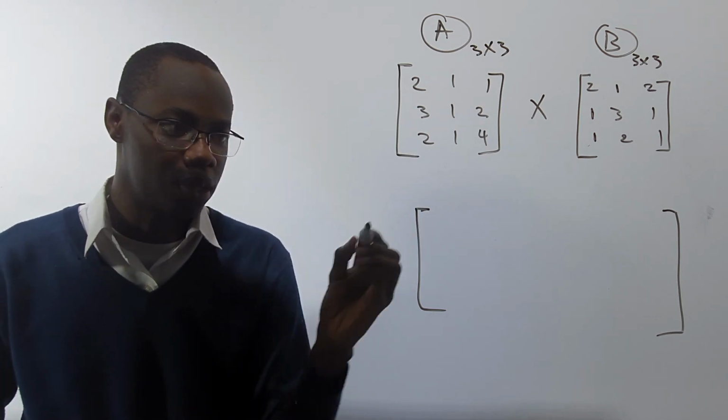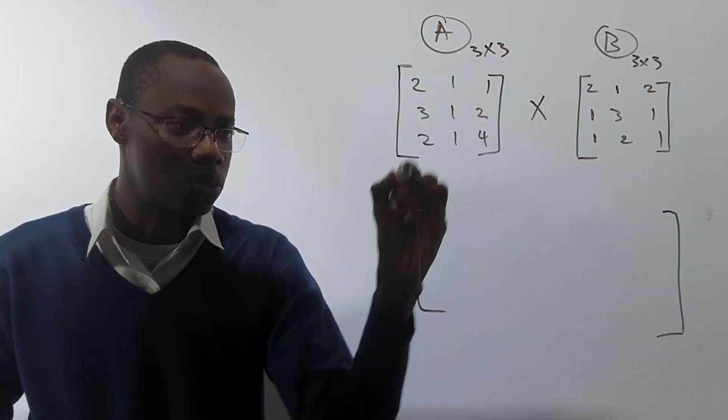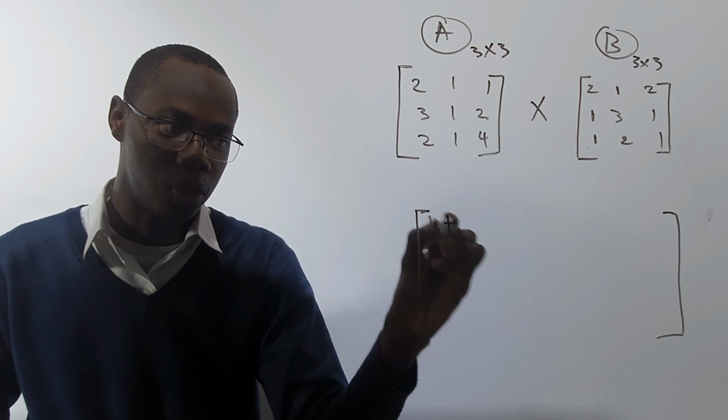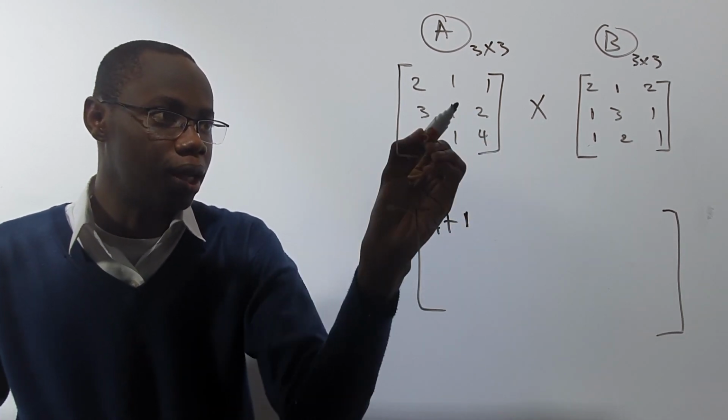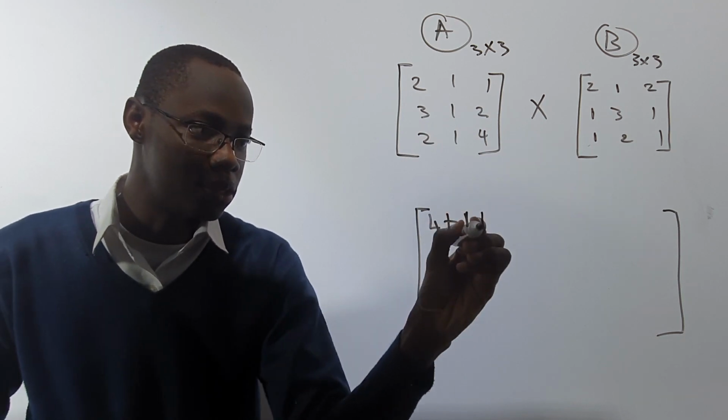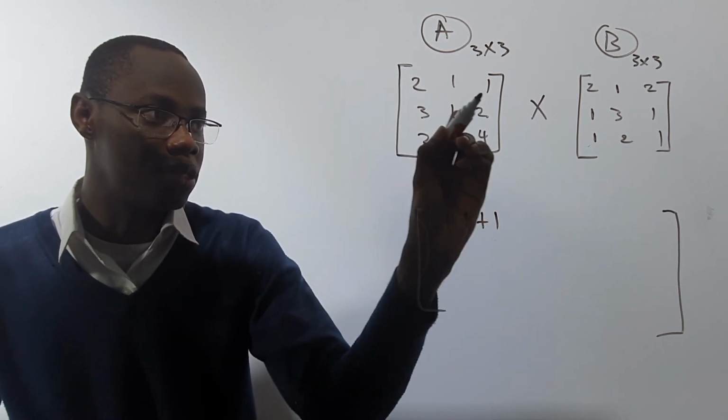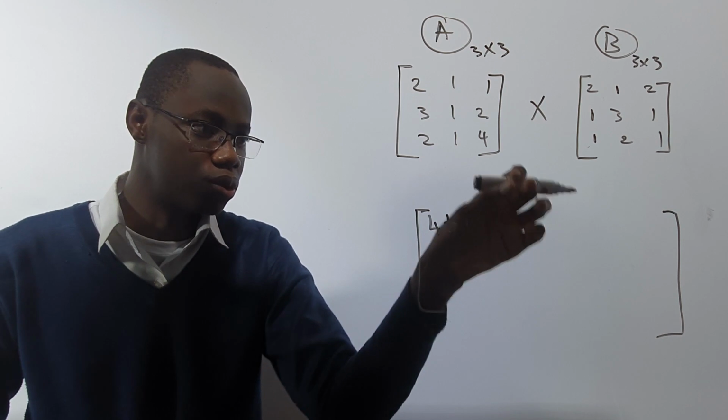So let's try it. 2 times 2 is 4, plus, like we said, 1 times 1 is 1, and lastly 1 times 1 is still 1. So we just multiply this row by this column. Now let's go to the next one.